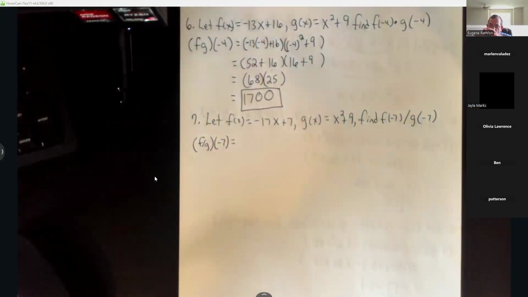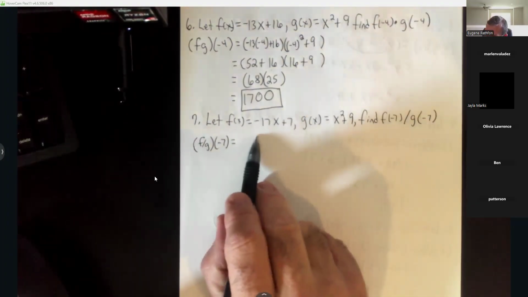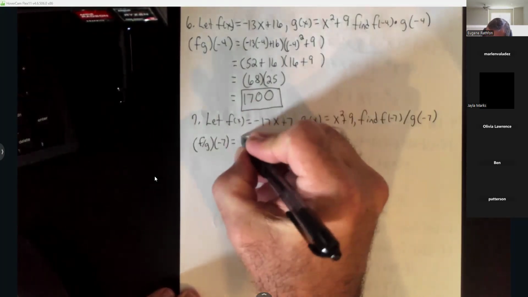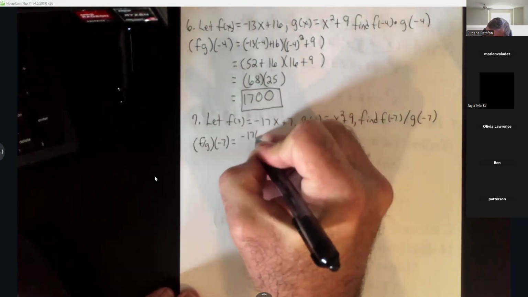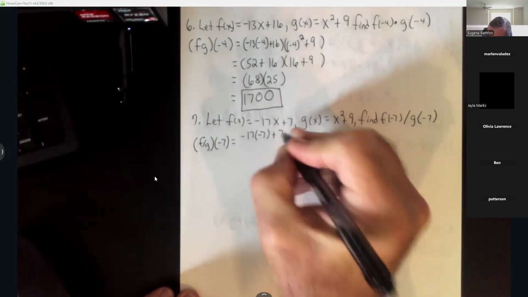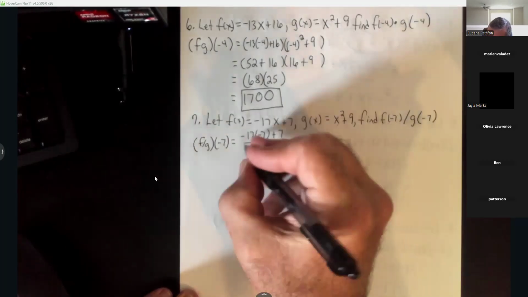So when I do my division, I sort of set it up like a fraction. My f on top and my g on the bottom. So on top, I've got negative 17 times negative 7 plus 7. We'll divide that by my g, which is x squared.